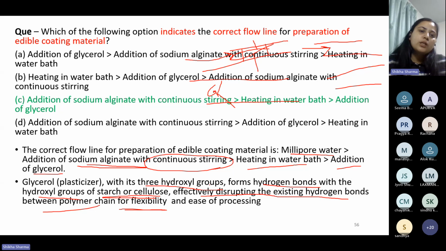Vegetarian people, people who are fasting, people who are vegan, or people who are allergic to chitosan usually restrict its use.